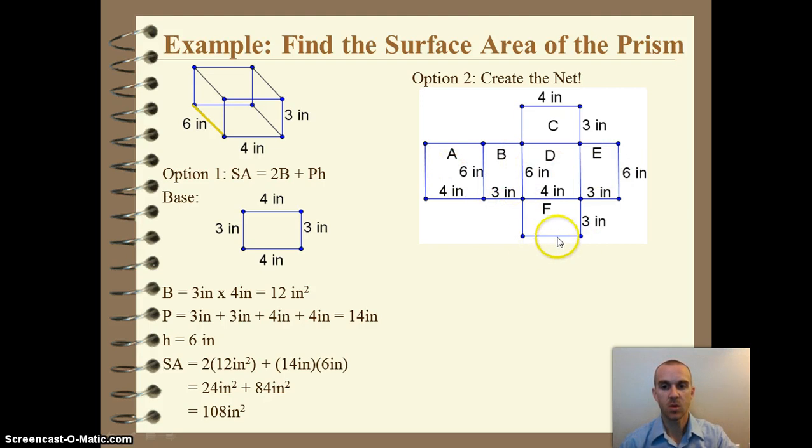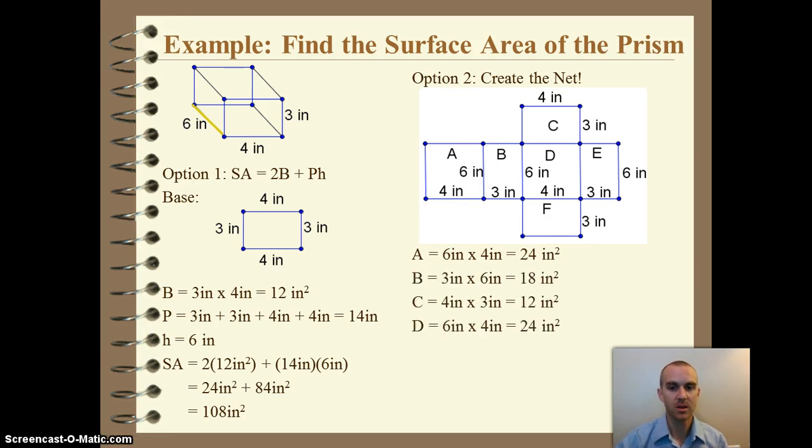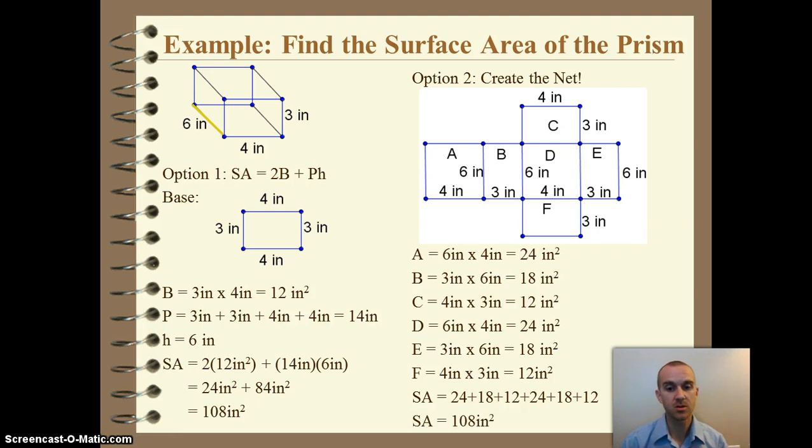And since this horizontal piece here was 4, all of these are 4, which means this one has to be 4 because it was on the top. And then the shorter ones have to all be 3. So I'll find the area of each of these rectangles: length times width, six times. Now I just add up all those areas, and I'll end up with the same solution of 108 square inches.